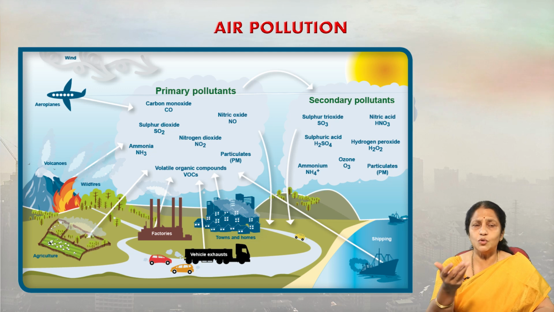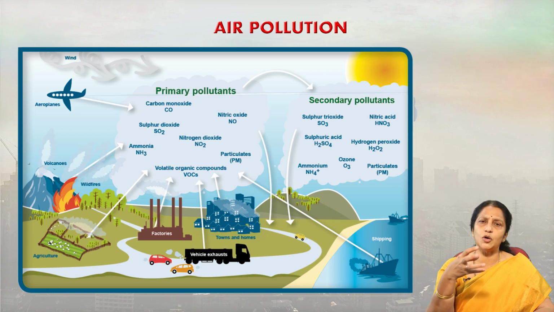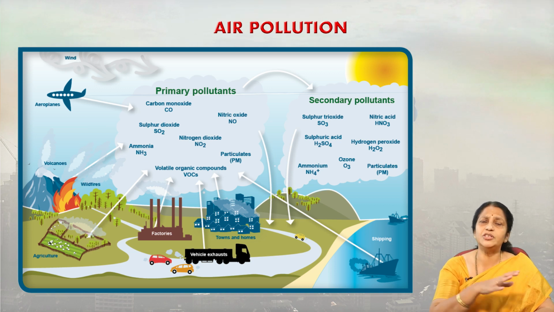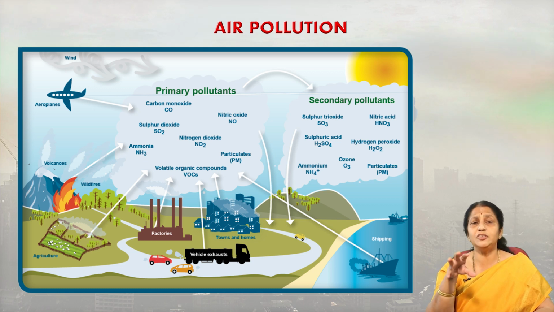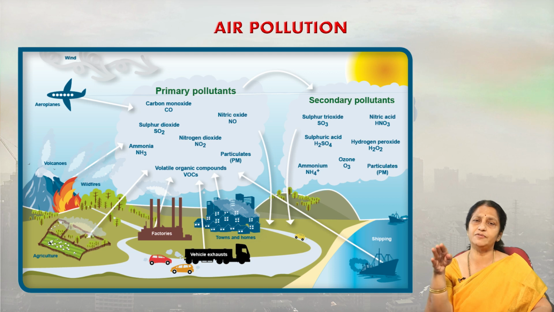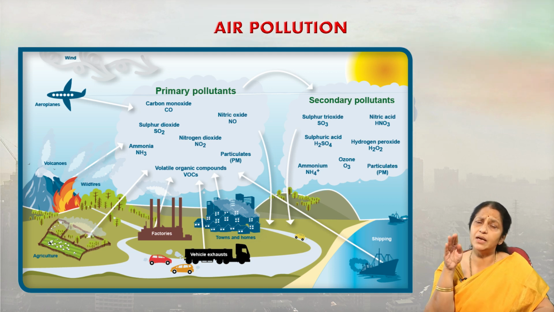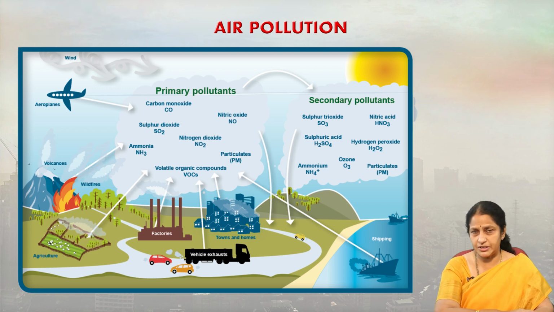Some examples: ozone is a secondary pollutant formed by the photolysis reaction of the oxides of nitrogen, followed by subsequent reactions with volatile organic compounds. Nitric acid is formed from nitric oxide, sulfuric acid is formed from sulfur dioxide, and nitric acid is also formed from nitrogen dioxide.